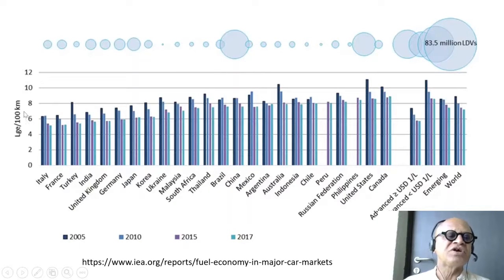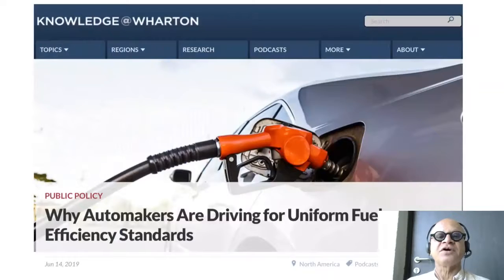So the amount of gasoline being consumed per 100 kilometers has gone down. But the trick, as we will see, is that as incomes go up, people buy more light duty vehicles or bigger cars, SUVs, etc., instead of smaller, more fuel efficient cars. So how do you incentivize those? The good news in the US, as you know, the Trump administration tried to dismantle Obama's ambitious fuel efficiency goals.